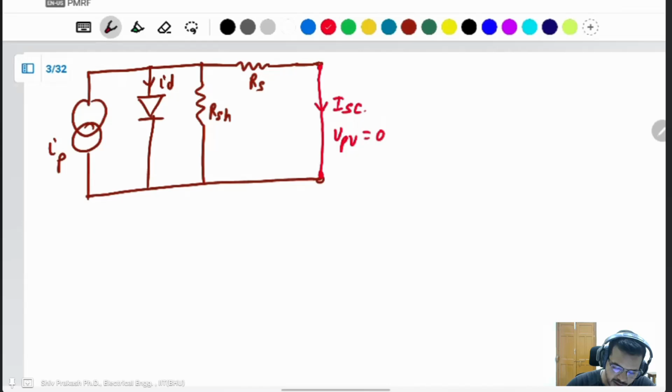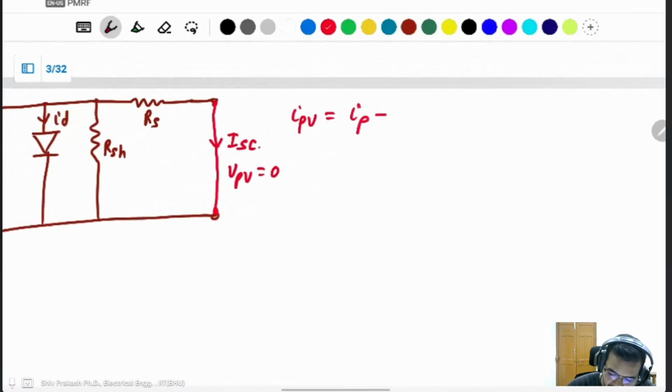Then what is the current of this one? IPV, already calculated, is IPH minus ID.